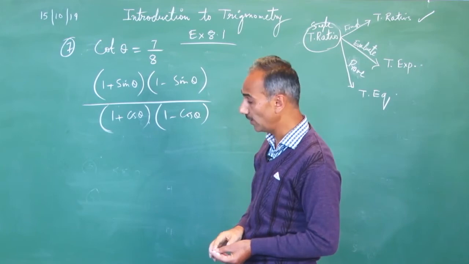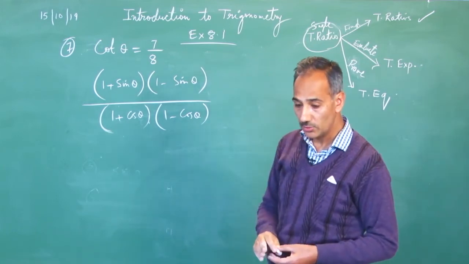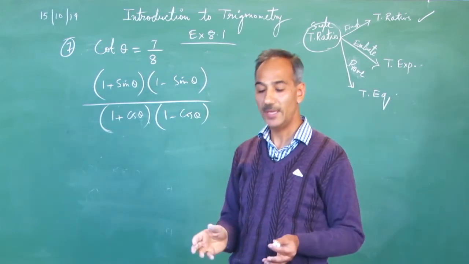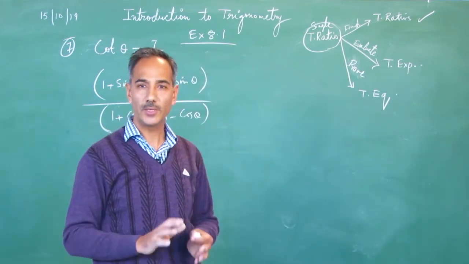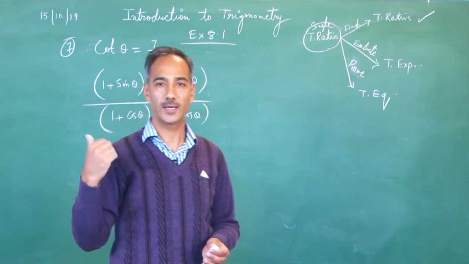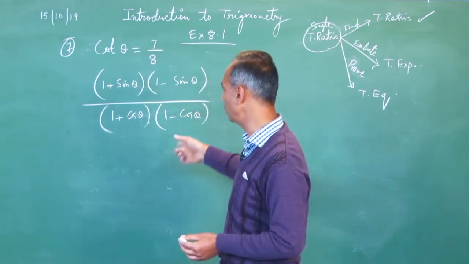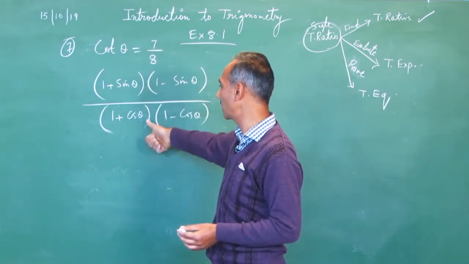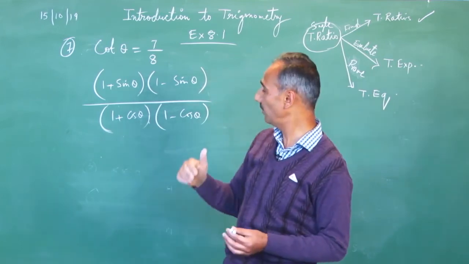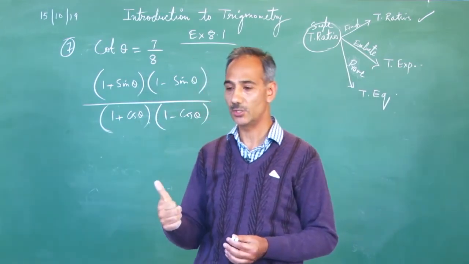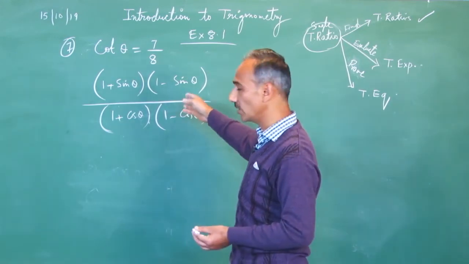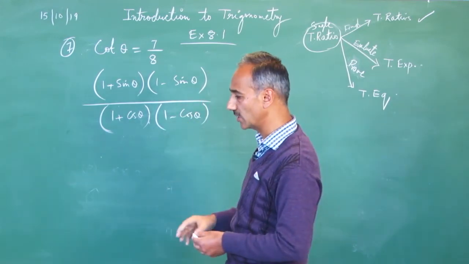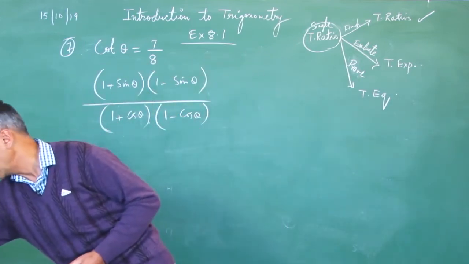Now, if you make use of common sense, we don't have to find all the remaining 5 t ratios. One is given. So we'll prepare only those t ratios which we require. In this expression, you need sine theta as well as cos theta. So with the help of one single t ratio, we'll prepare sine and cos, put them in this expression and do the simplification and see what value we get.